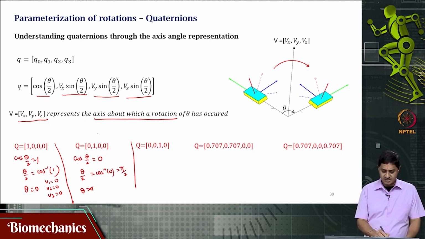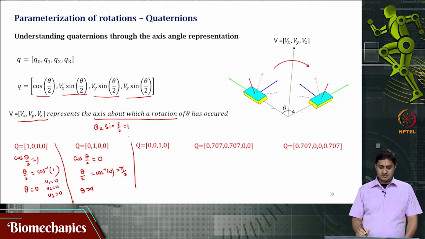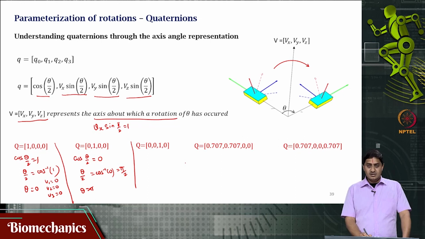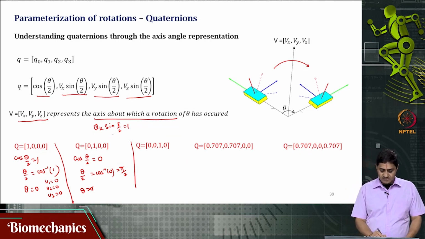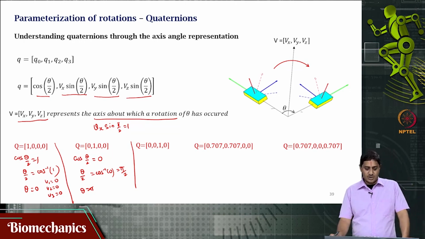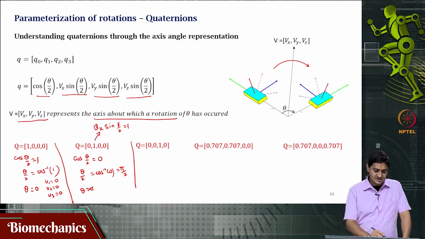About which axis? To find that, I can find out that Vx sin theta by 2, sin pi by 2, is equal to 1, is it not? What is sin pi by 2? Sin pi by 2 is 1, so this is the axis.